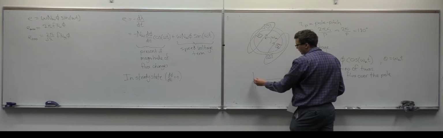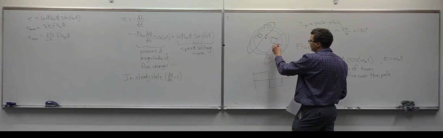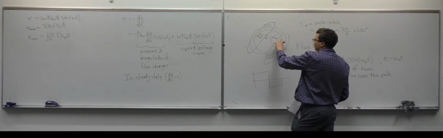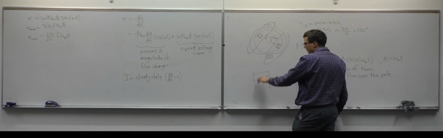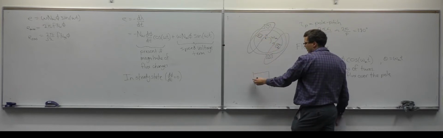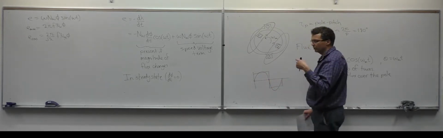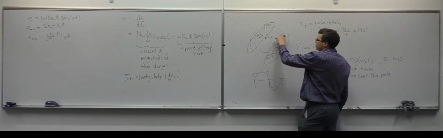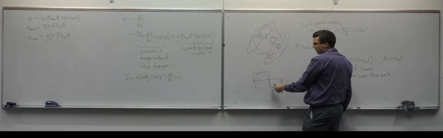Rather than a square field flux density waveform coming off of the rotor, in the ideal situation the field distribution around the air gap due to the inner rotor would be a sinusoid.